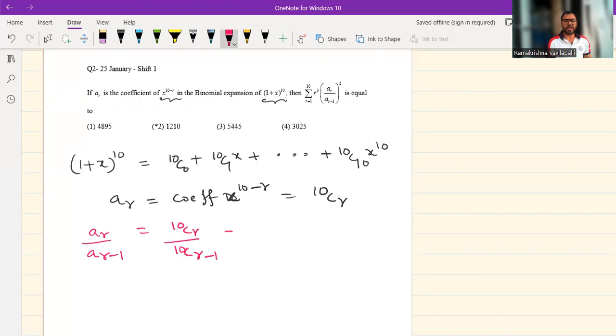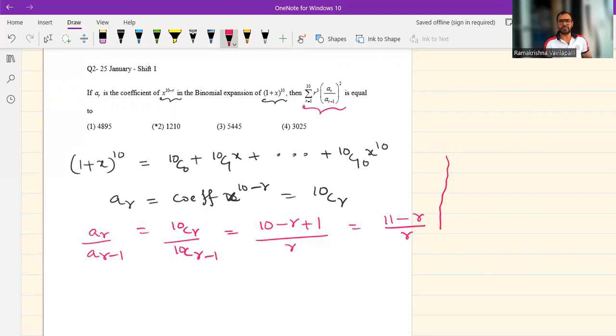Either you can expand these two binomial expressions or you can use the direct formula (n - r + 1)/r, here n is 10, so (10 - r + 1)/r. So this is equal to (11 - r)/r. Now substitute in the given sigma.